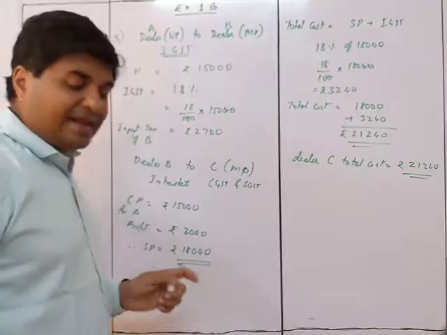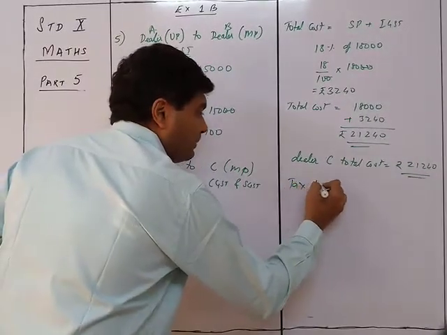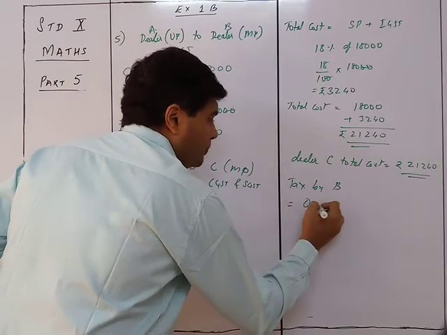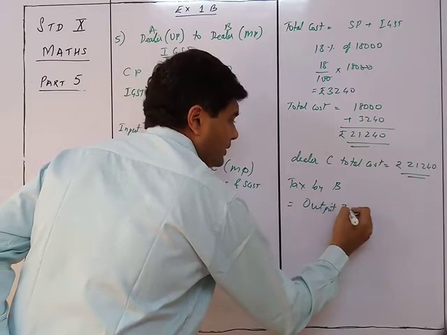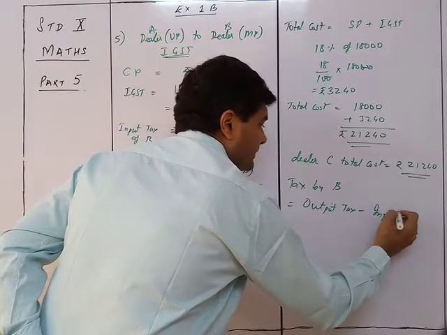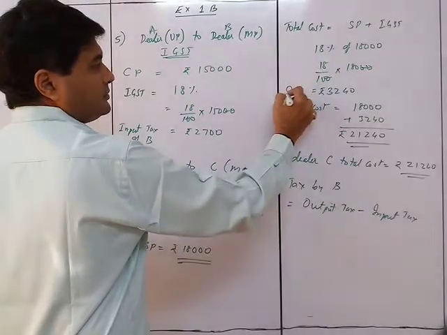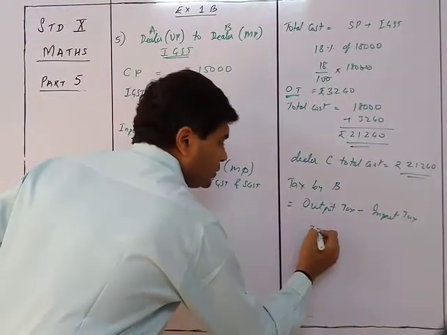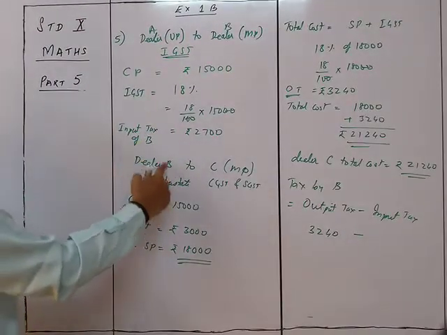Now the next question is net tax payable by B. So tax by B is equal to output tax minus input tax. The output tax is this one, 3240. What is the input tax? Input tax we wrote somewhere.